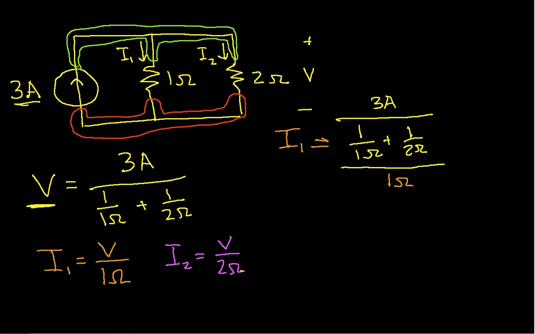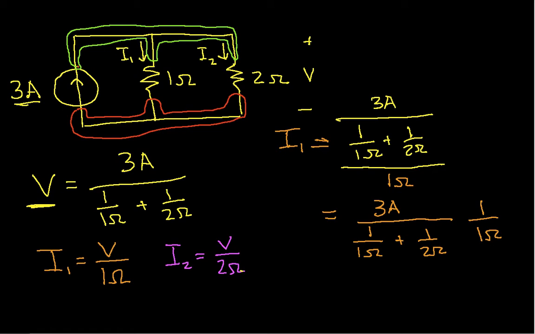That's actually a good question. Basically, another way to write this is 3 amps over 1 over 1 ohm plus 1 over 2 ohms, times 1 over 1 ohm. So what I've done here is basically divided the voltage by this resistor by writing it this way.